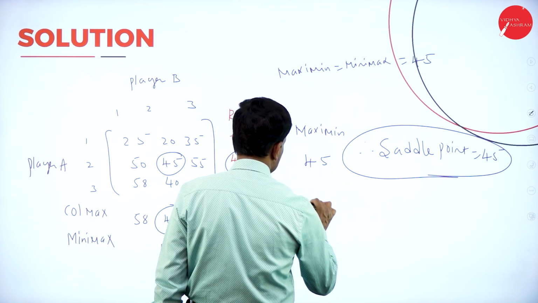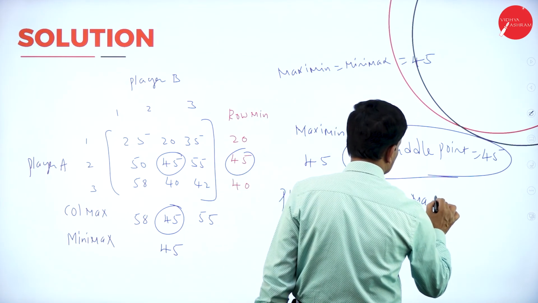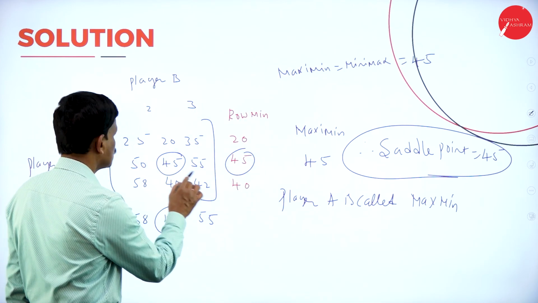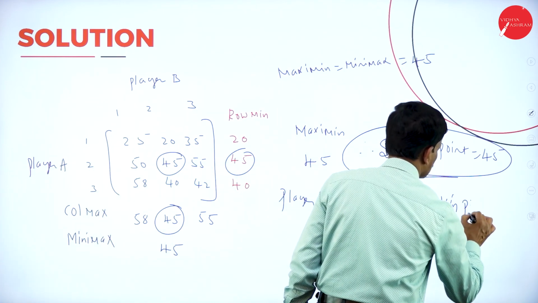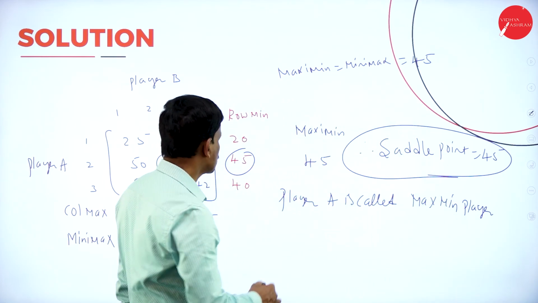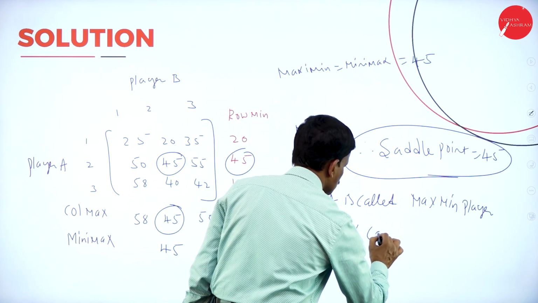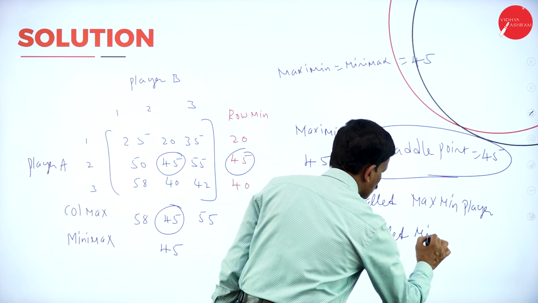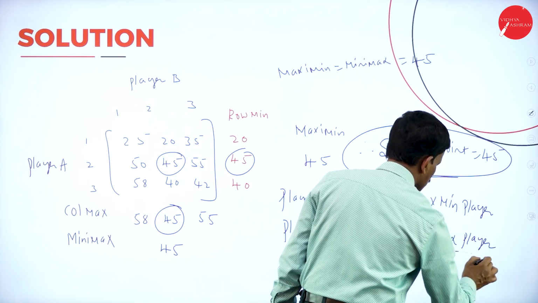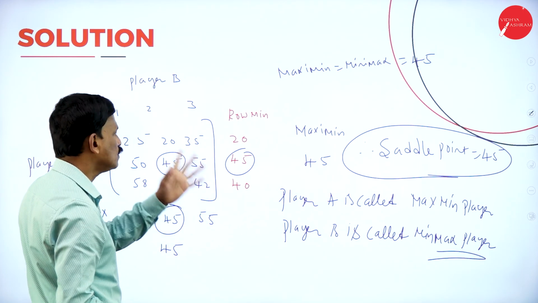Similarly, player B is called the minimax player. So here player A is called the maximin player and player B is called the minimax player.